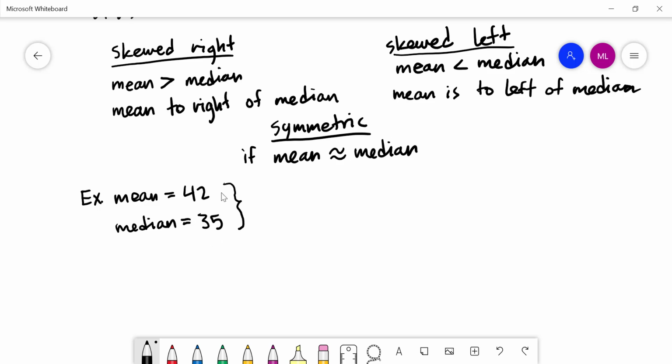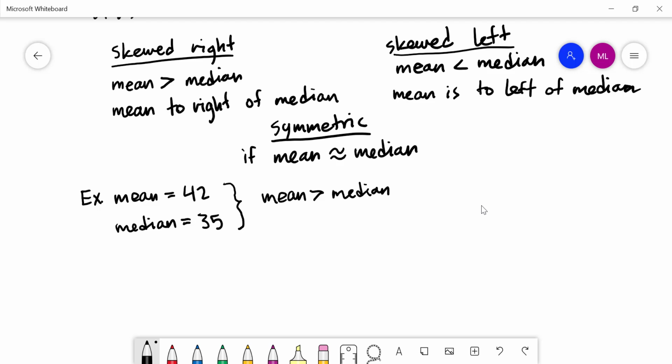And which one is greater than the other? Well, in this case, the mean is the larger number. So the mean is greater than the median. And because the mean is greater than the median, that also means that the mean is further to the right. And that must be where the tail is. The tail must therefore be on the right.